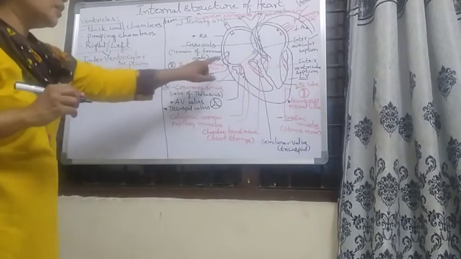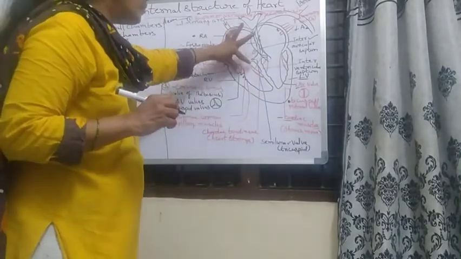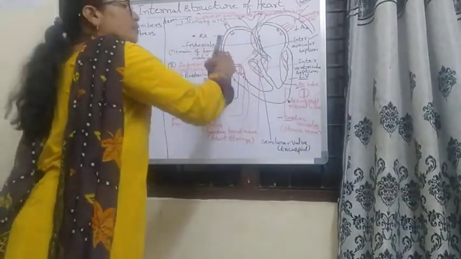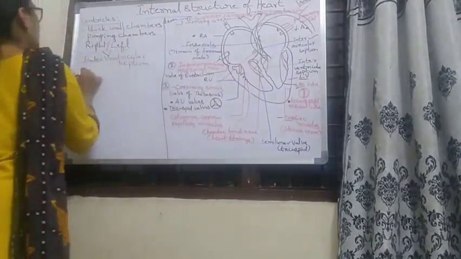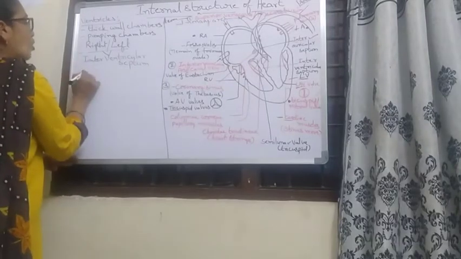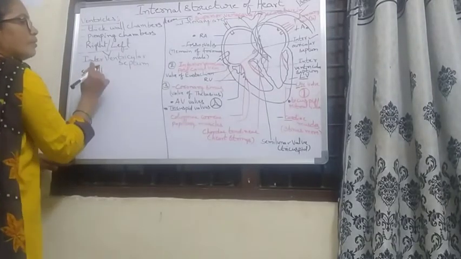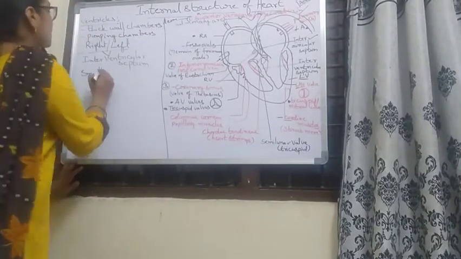In these ventricles, the muscles form ridge-like structures. The muscles are in small and large ridges.